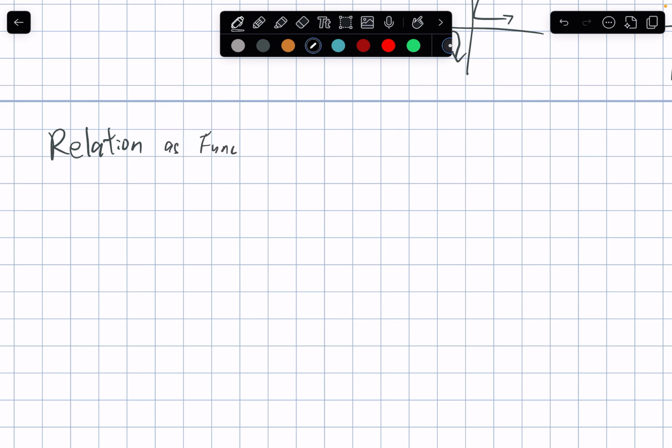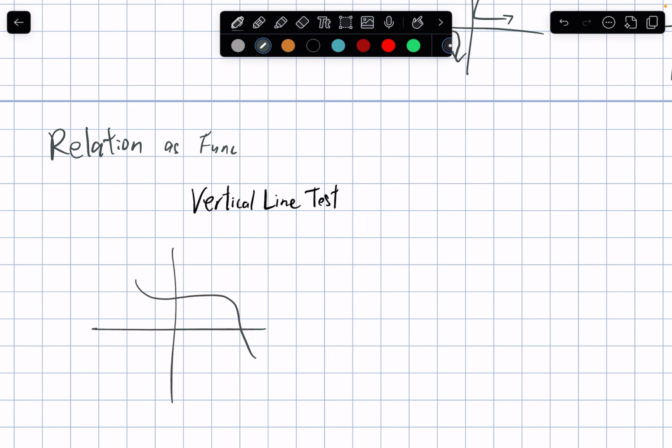There's something called the vertical line test. Let's say you have this graph. To determine if a relation is a function, you place a vertical line anywhere. So this could be a good spot.